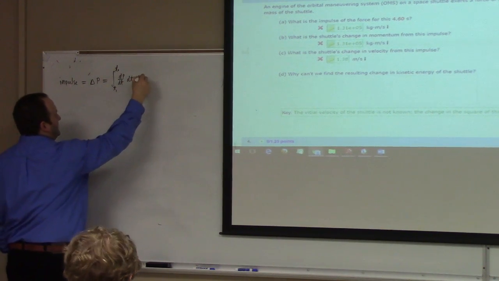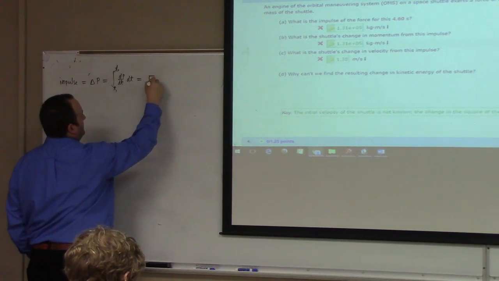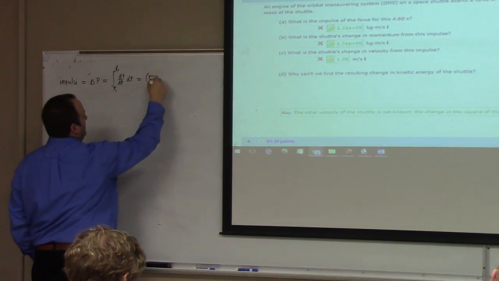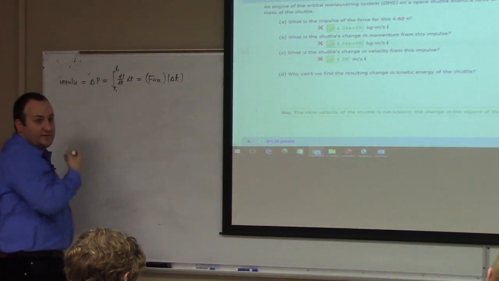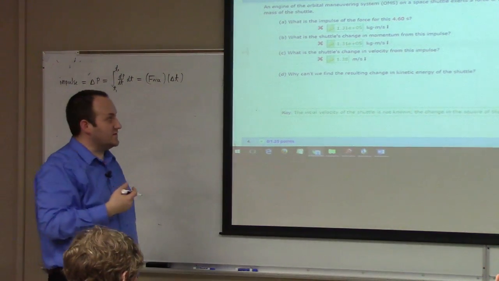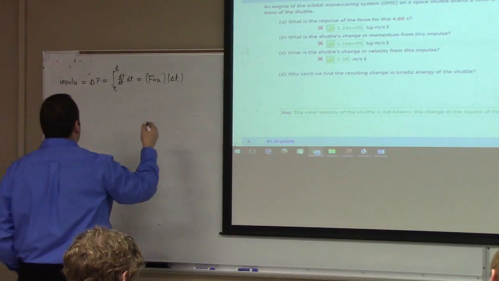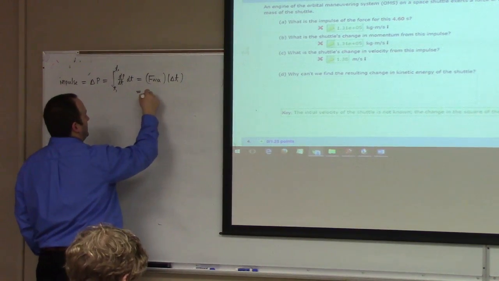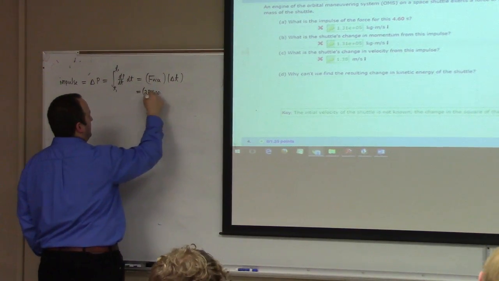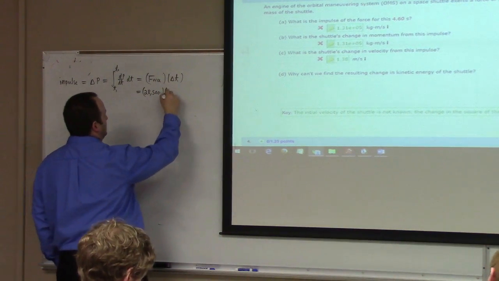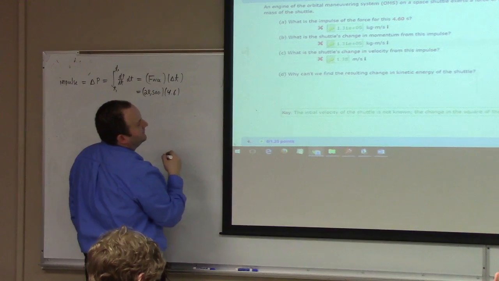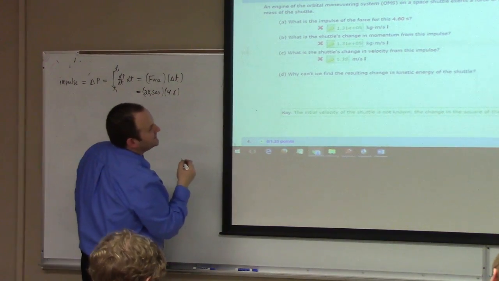But yes, that's just the force times the change in time if the force is constant. And since we're not told otherwise here, we should assume it's constant. So for the impulse, I just take 28,500 times the increment of time, 4.6 seconds, and that will give me 1.31 times 10 to the 5th.